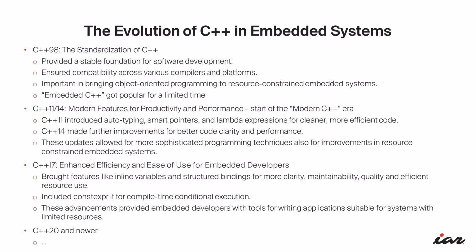This one provided a stable foundation for software development, and it also ensured compatibility. It also brought object-oriented programming to resource-constrained embedded systems, and there was a variant called Embedded C++ that got supported by quite many of the embedded compilers.